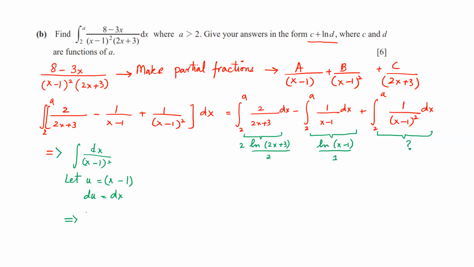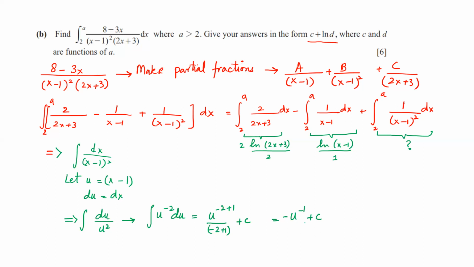We are left with du over u square. So the integral will be u to the power minus 2 du. This is u to the power of minus 2 plus 1, divided by minus 2 plus 1, plus c. This becomes u to the power minus 1 over minus 1, which is minus 1 over u, plus c.